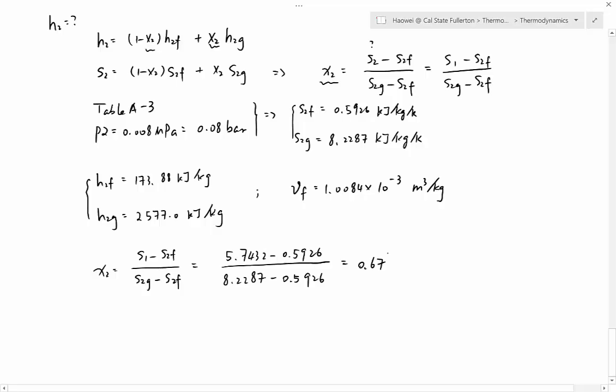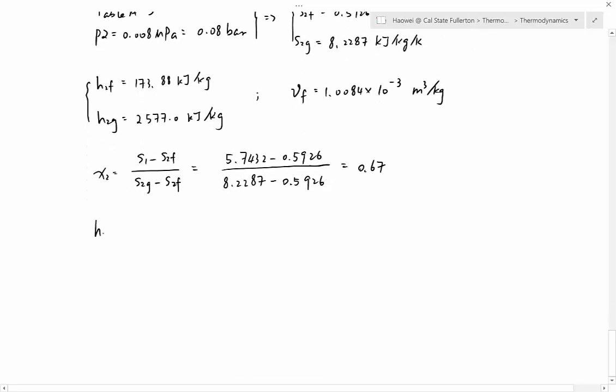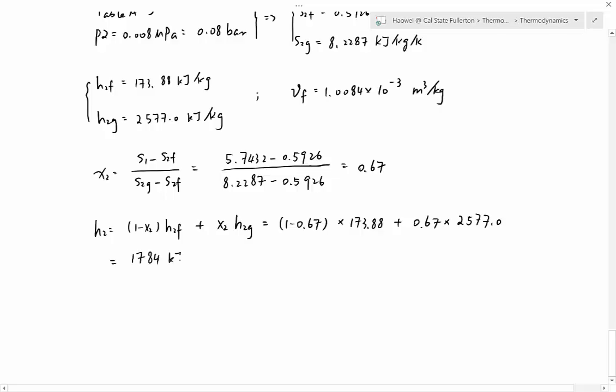After we find quality, we can find H2 very easily. H2 is equal to the weighted average equation. We plug in the numbers. And the solution to H2 is 1784 kilojoule per kilogram. So now we found H2.